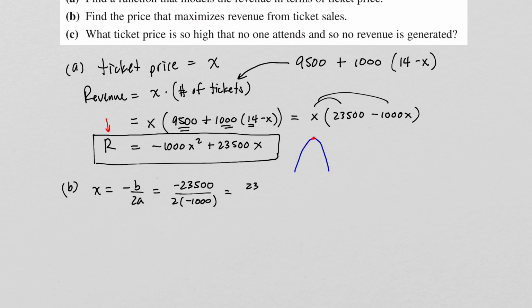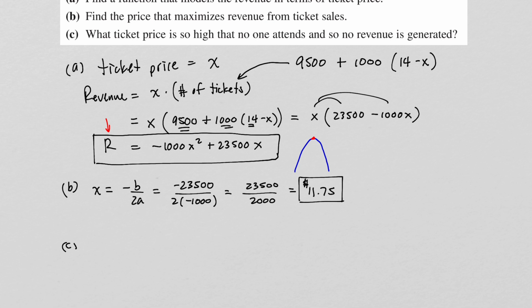This is 23,500 divided by 2,000. And if you do the math on that, you get 11.75. So the ticket price that is going to generate the highest revenue is $11.75 per ticket.